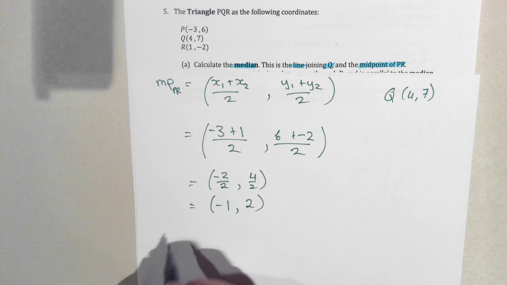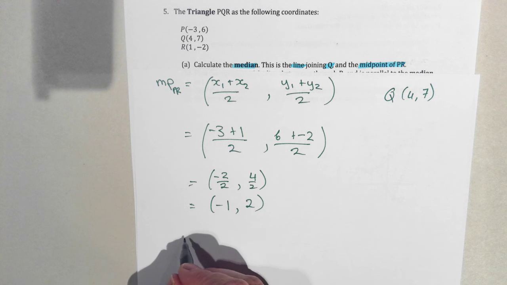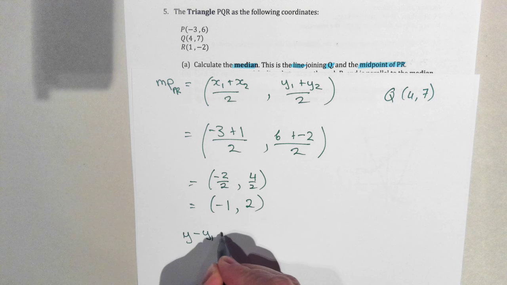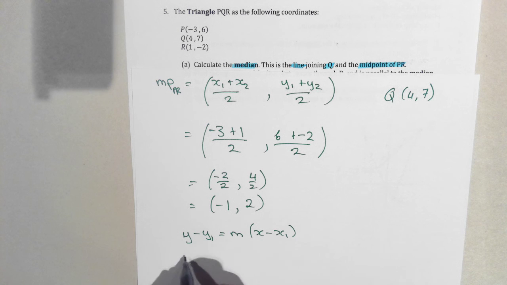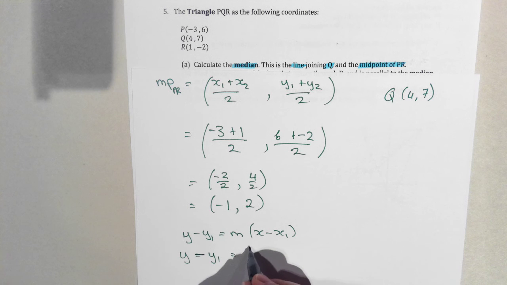So how are we going to do that? Well, we've got some formulas that we can use. So y take away y1 equals m bracket x minus x1. And we also know that our gradient, we've got a formula for gradient, which is y2 minus y1 over x2 minus x1.